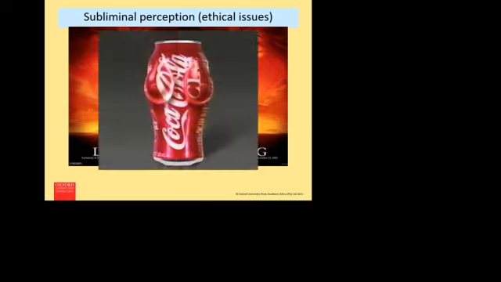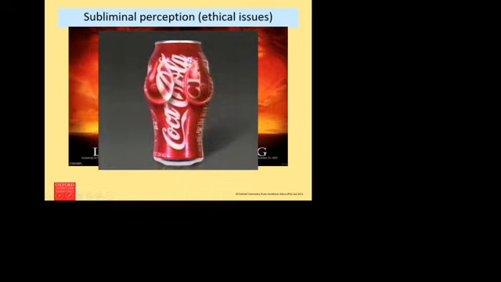For example, here is an advertisement by Coca-Cola. This also has a double meaning. We see it, but we are not aware of it. That's subliminal perception. The message that appears, if it is subliminal perception, is below the threshold, we see but we are not aware.